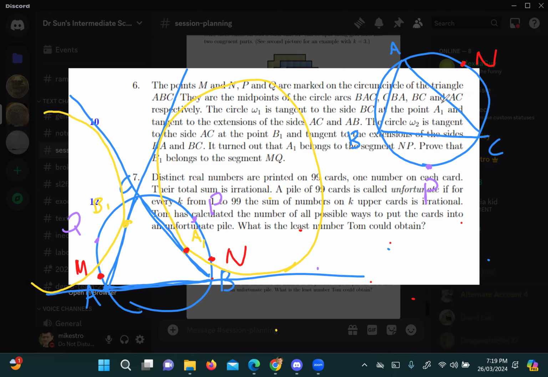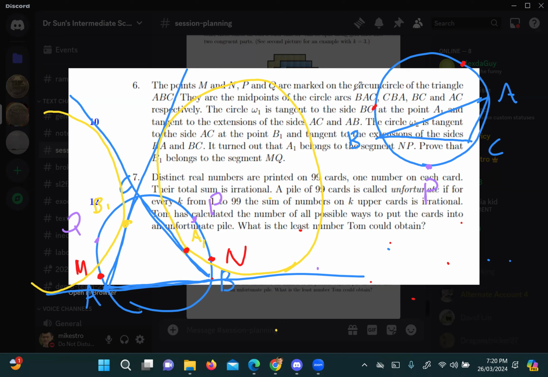How do you make this good? If you want it more accurate, you make angle C bigger. So if it's like this, ABC, then our mid-arc of CBA is around here, right?